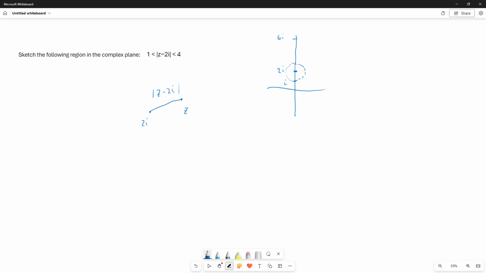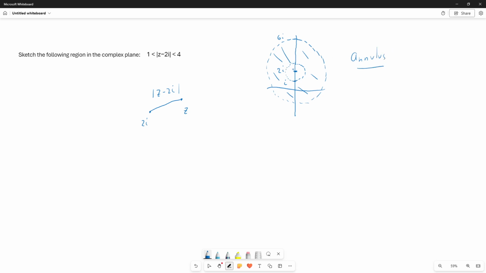And all complex numbers that are less than 4 units away from 2i will lie inside of this disk of radius 4, centered at the complex number 2i. So we have here what looks like a washer, or more technically, an annulus.